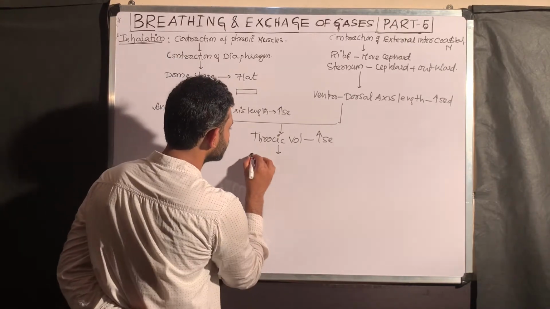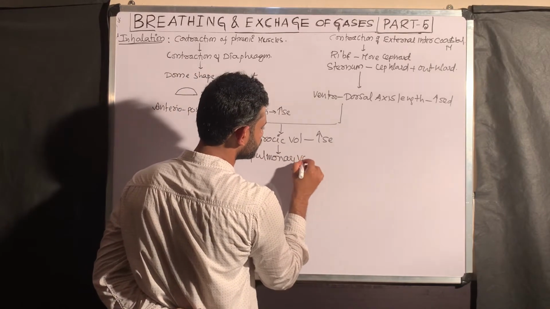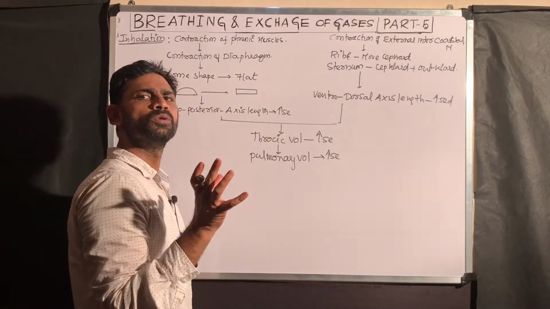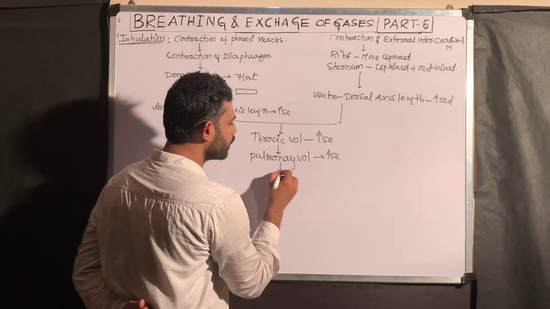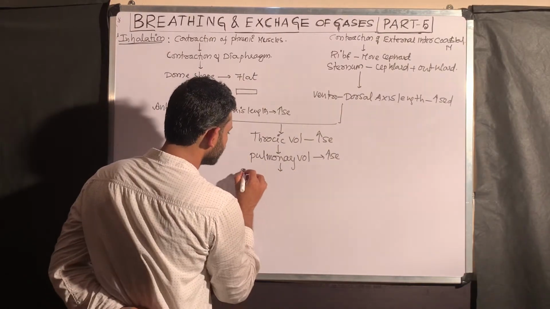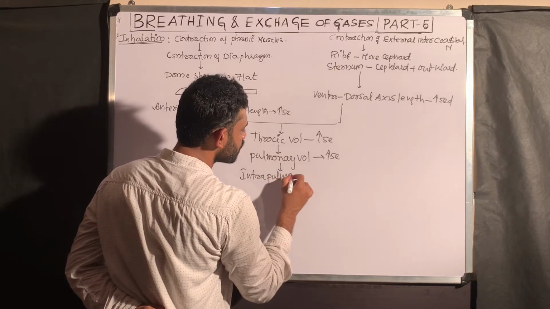What is the pulmonary volume? The volume within the lungs. So the pulmonary volume also increases. Volume is increased, it means the pressure decreases. So, the intrapulmonary pressure.